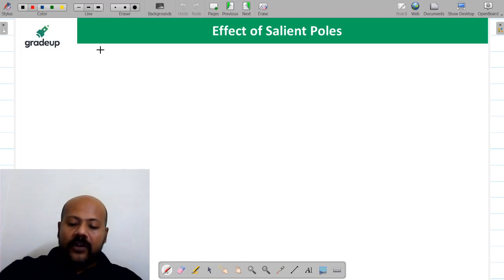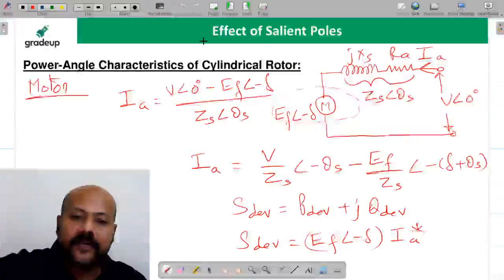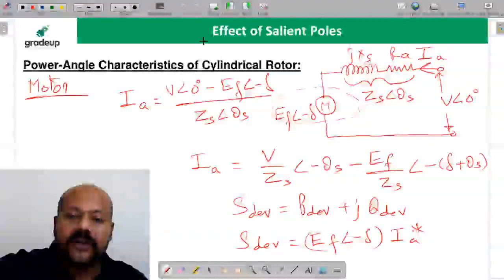Now beta, if you want to know the developed power, you just put the value of the armature current. So it is going to be EF angle minus del, and if you put the complex conjugate of the current, then it is going to be how much? It is going to be V upon ZS.